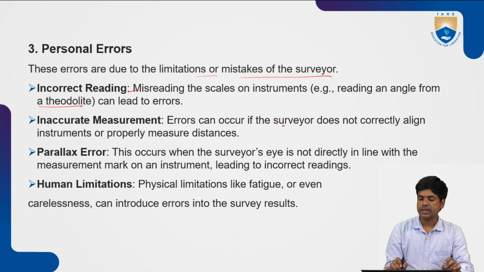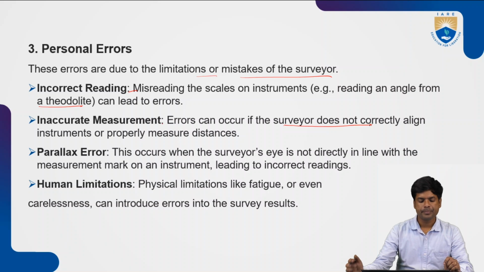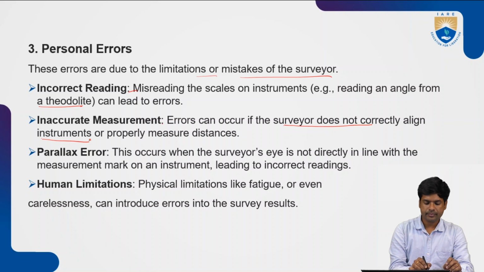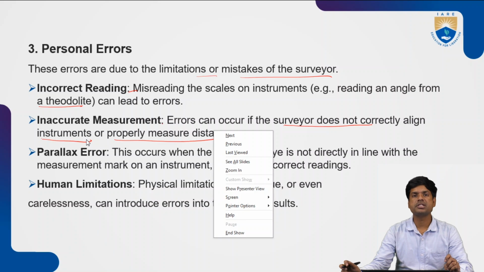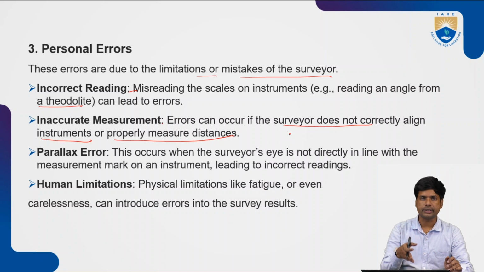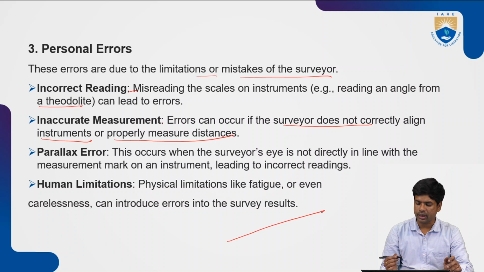Errors can occur if the surveyor does not correctly align the instruments or properly measure distances. Inaccurate measurement means that while doing the surveying, if the alignment is not good, suppose you take the chain and it is not properly laid on the ground, then it is going to give different dimensions and different results.